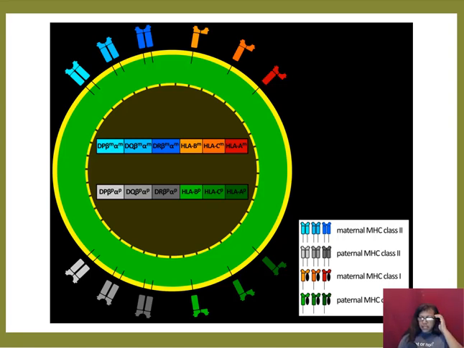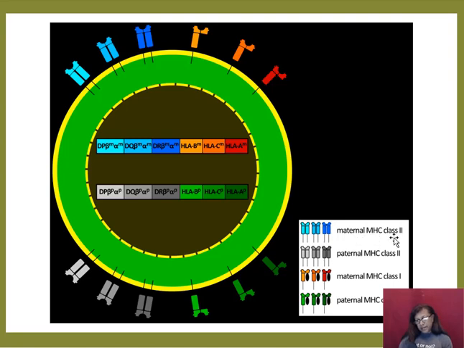But here what you can see, and again it's color coded, but it's also shape coded, is we have maternal major histocompatibility complexes. I'm going to call them MHCs from here on. So here we have the maternal MHC, and we have different classes of MHCs, major histocompatibility complexes.